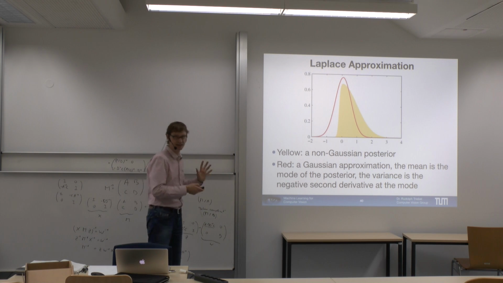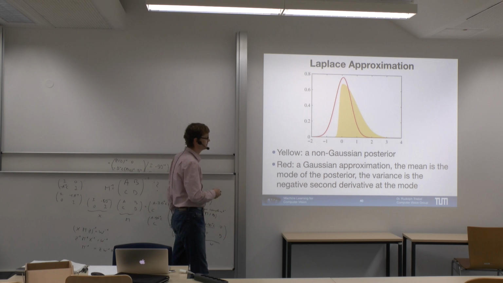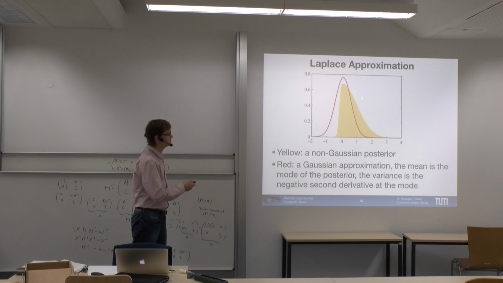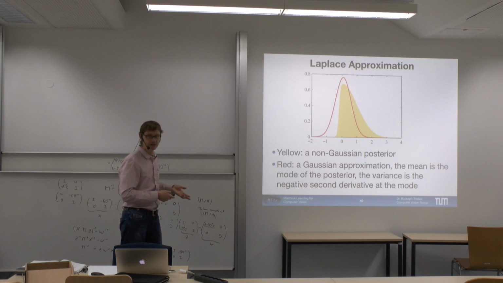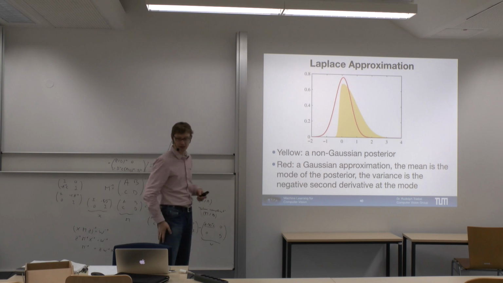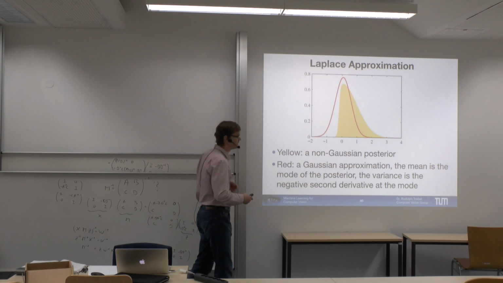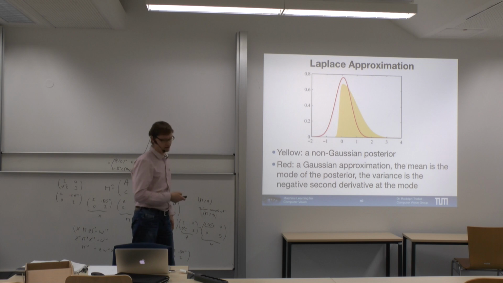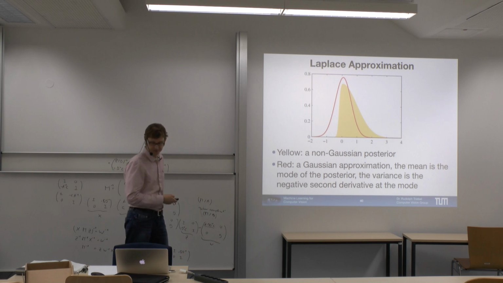This is basically the rough idea how Laplace works. You can see it's not so bad an approximation, but there are better ones, and we'll have another algorithm that does this much better in a later class. But this is, as I said, a very common way of doing that.